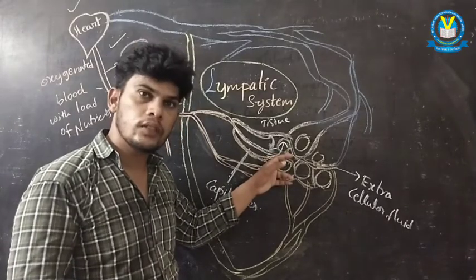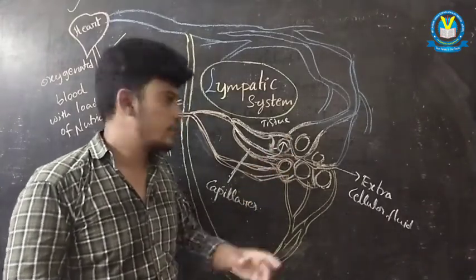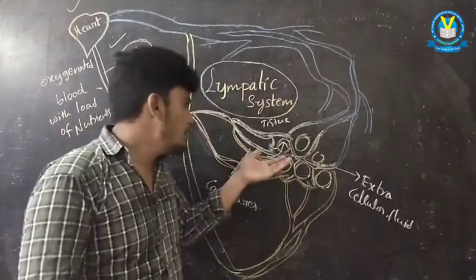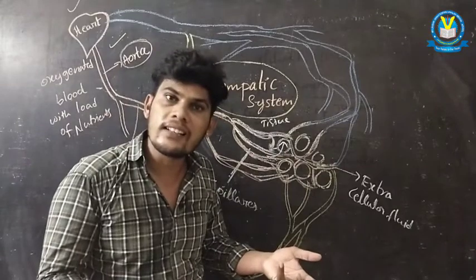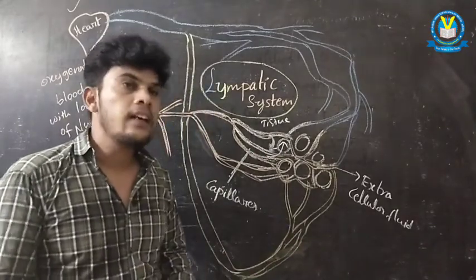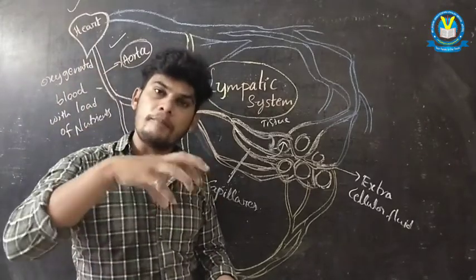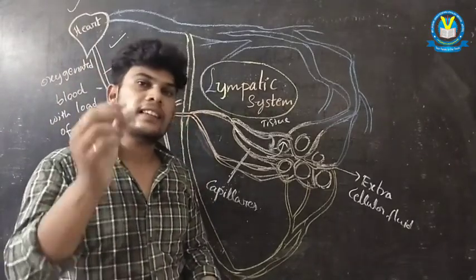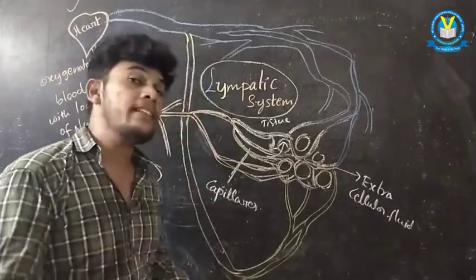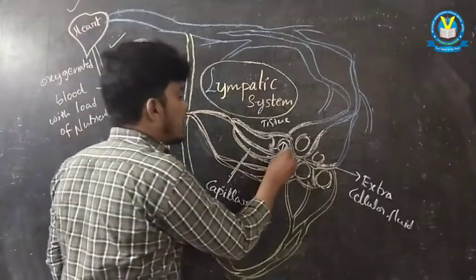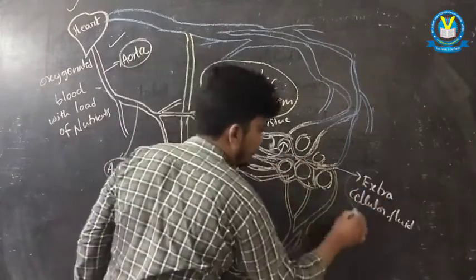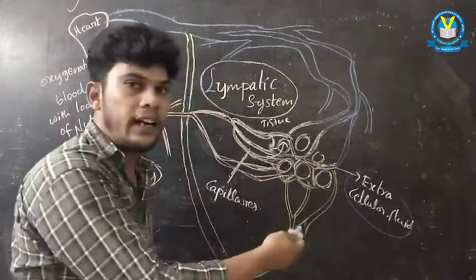This fluid is called extracellular fluid. From this extracellular fluid, nutrients are absorbed by the cells, I mean tissue. Are you clear? Then what will happen? Later, after absorption is complete, the carbon dioxide and waste materials present in the cell come out of the cell into this extracellular fluid. Are you clear? Remaining water substance.